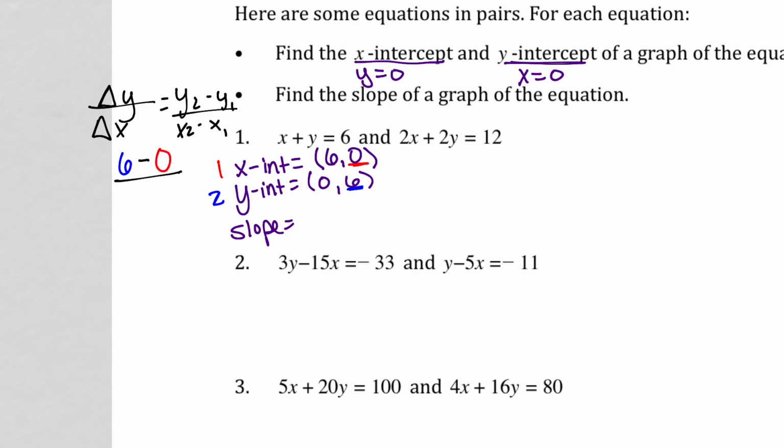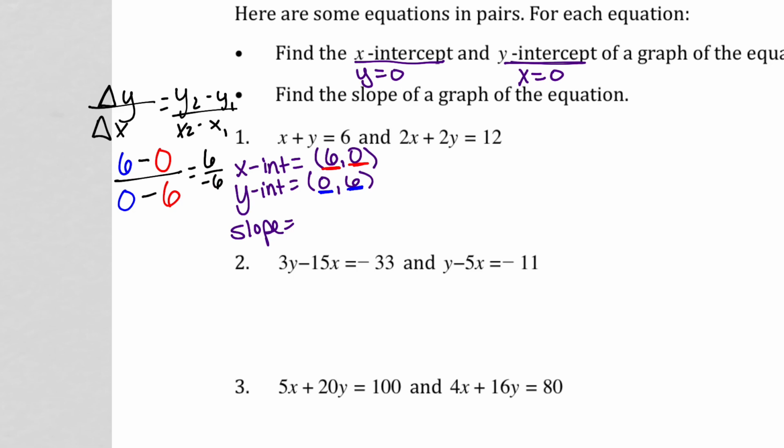Then we'll do the x's. So again, we're going to start with the same coordinate pair, so the 0 from there, and subtract the 6 from here. So 6 minus 0 is what? It's 6. What is 0 minus 6? Negative 6.